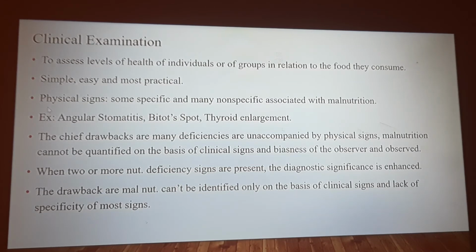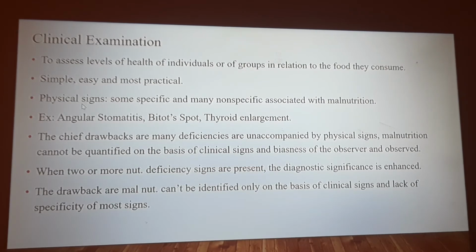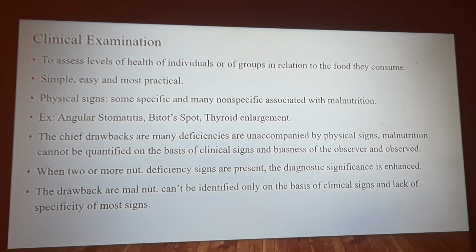The first thing we check in physical examination is physical signs. We are checking some specific and many non-specific signs associated with malnutrition. Some people have malnutrition because of a specific reason and some because of a non-specific reason. Examples are angular stomatitis, Bitot's spots, and thyroid enlargement.